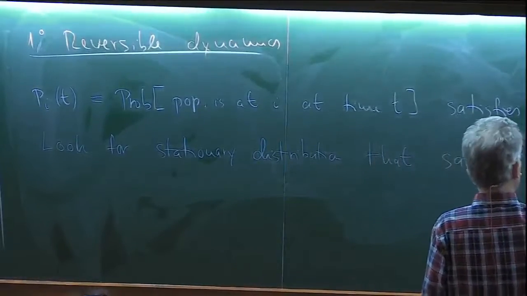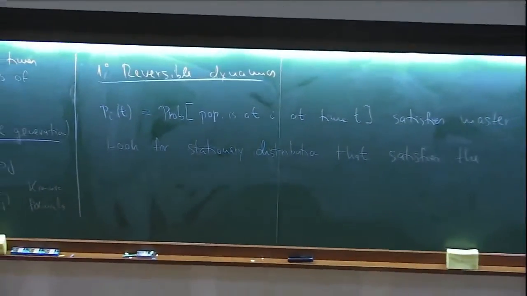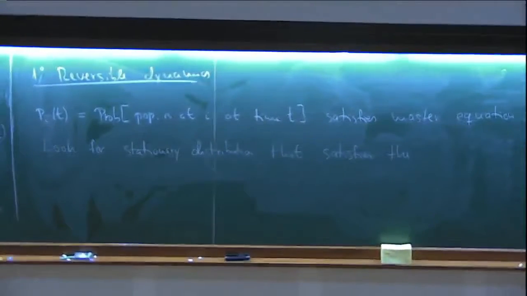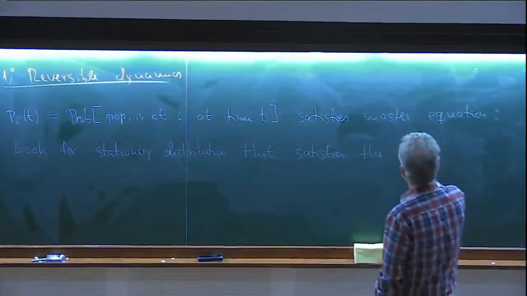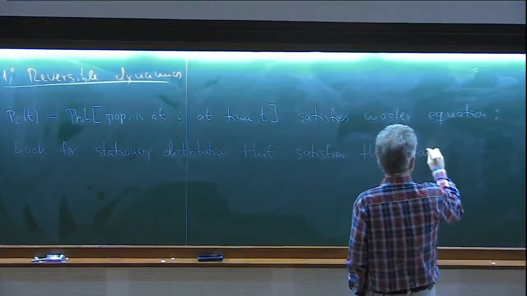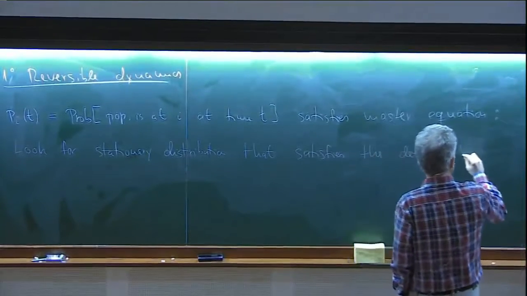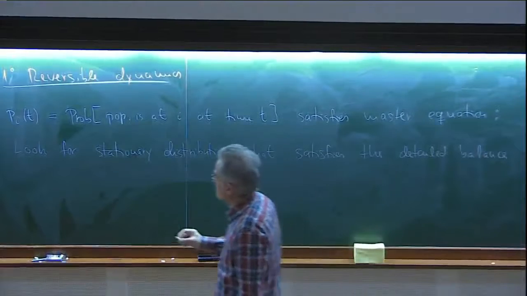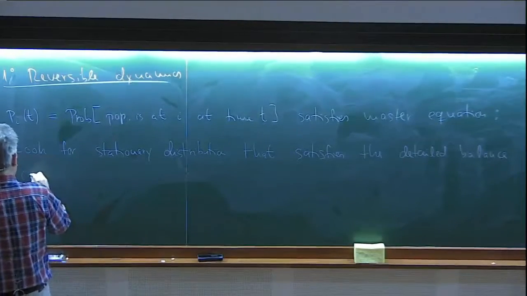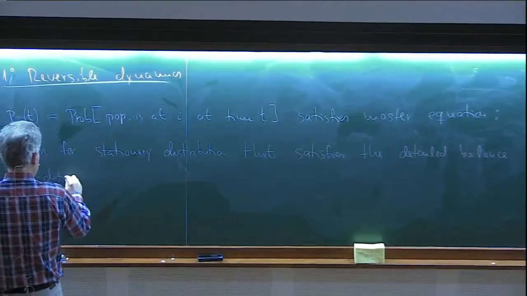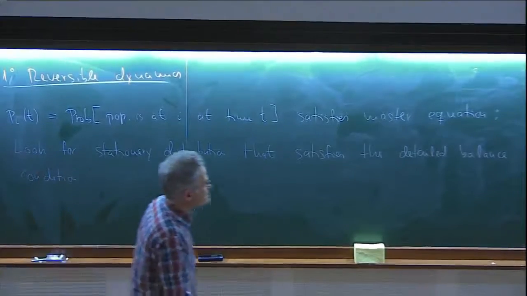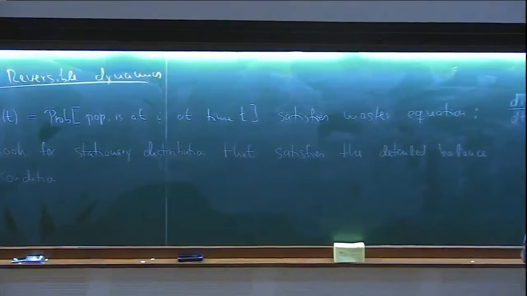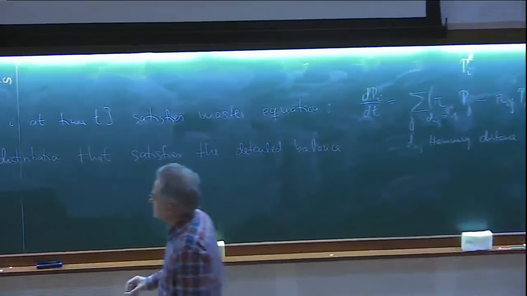Or in the mathematical theory of Markov chains, this is called a reversibility condition. And this detailed balance condition simply means that each term in the sum should be equal to 0.